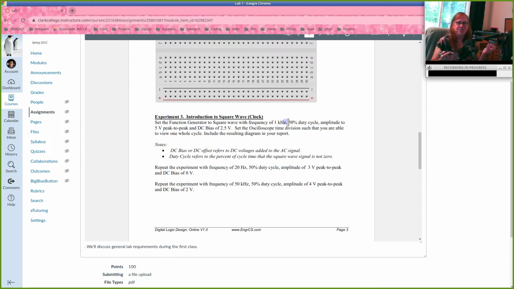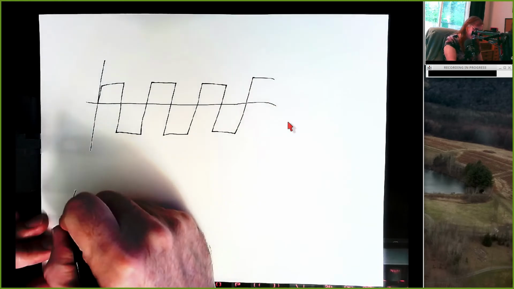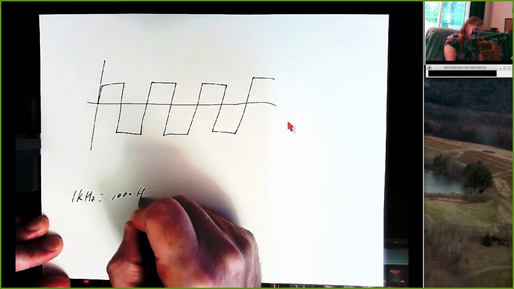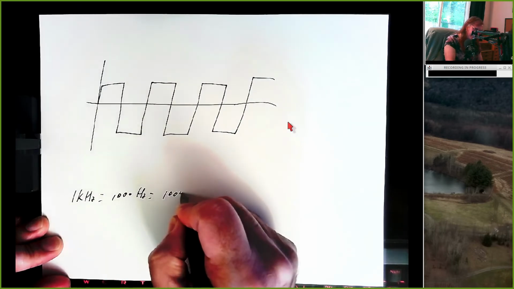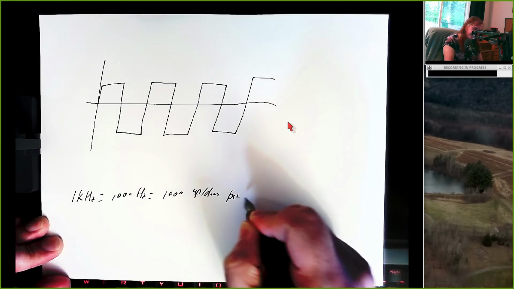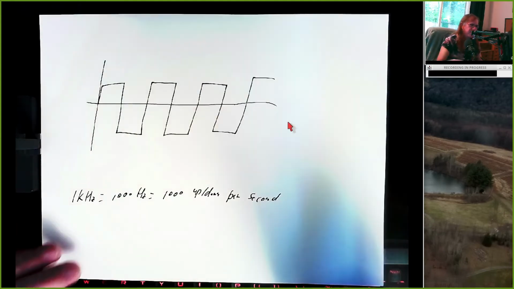And we use metric systems, so a kilohertz is 1,000 hertz. And so 1 kilohertz is 1,000 hertz equals 1,000 up-downs per second. So how quickly is it waggling?